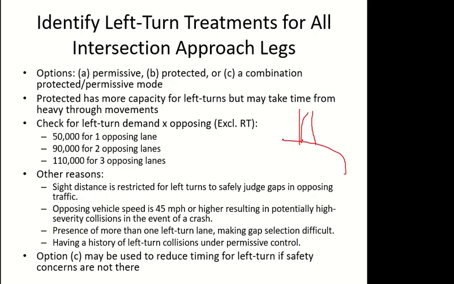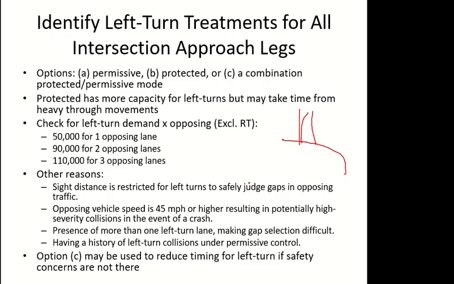If it is one lane, then this product must be more than 50,000 to provide a separate phase for left turning. If there are two lanes, then it must be more than 90,000. If there are three lanes, then it must be more than 110,000. We don't have more than three lanes here.